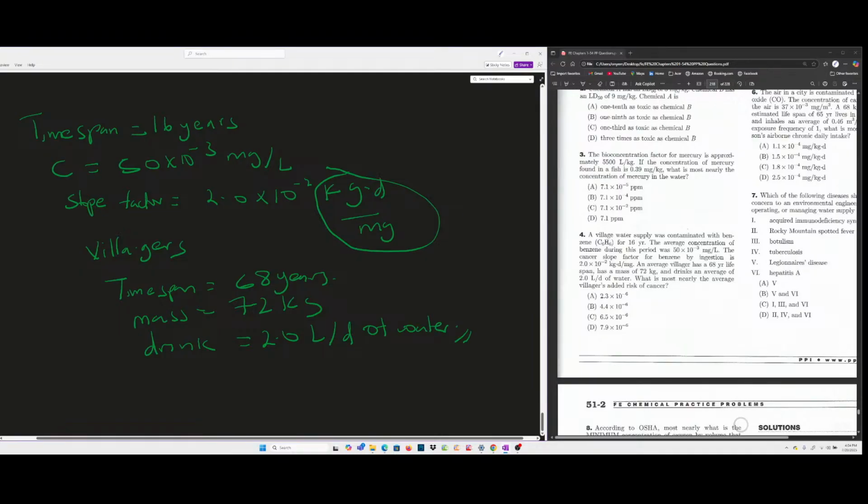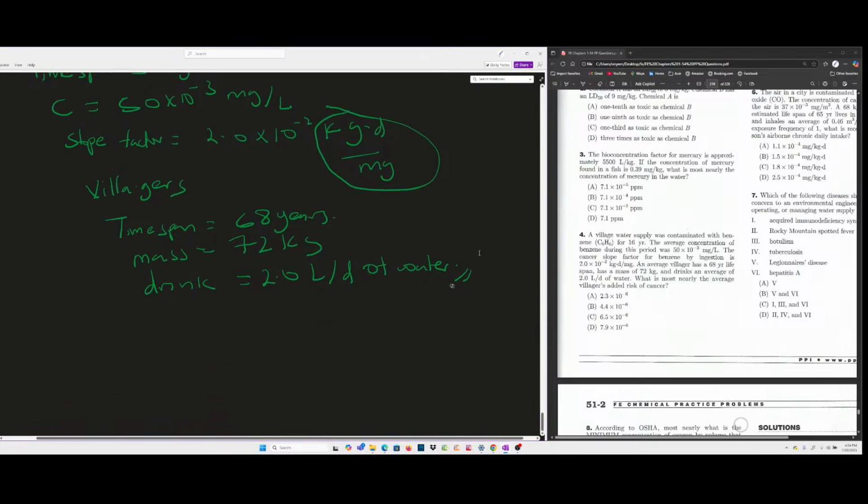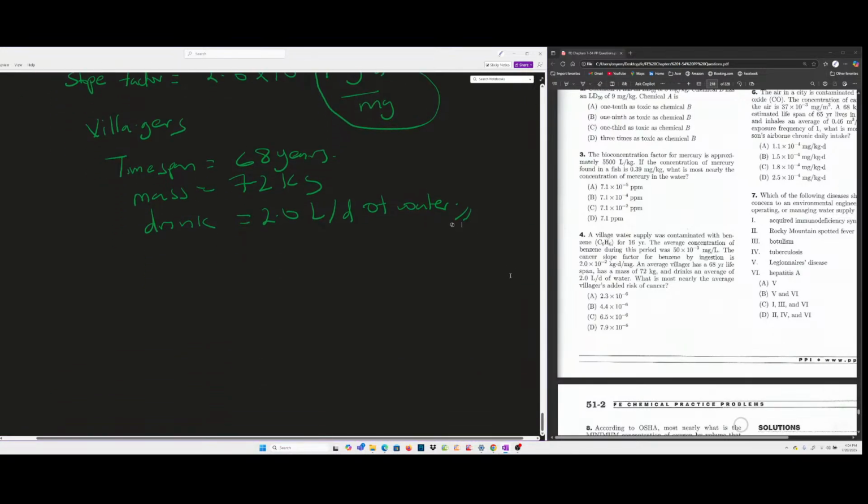This is what the villagers drink daily. So we're trying to find the most nearly average villagers' added risk of cancer. We're looking for the risk of cancer for the villagers.